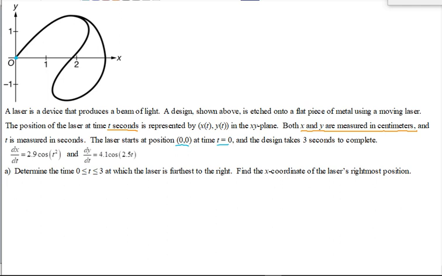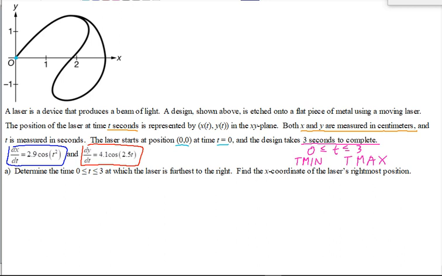So the 3 seconds to complete, that's kind of telling you your t min and max when you use your calculator, will be between 0 and 3. And here we're given the horizontal velocity, dx dt, and the vertical velocity, dy dt.